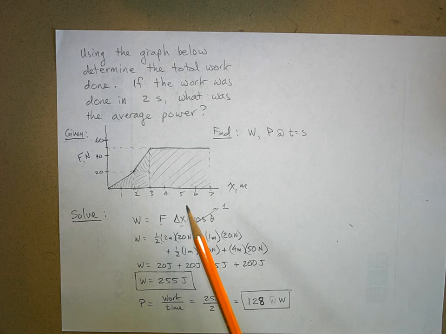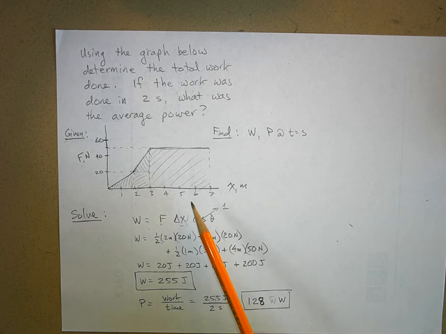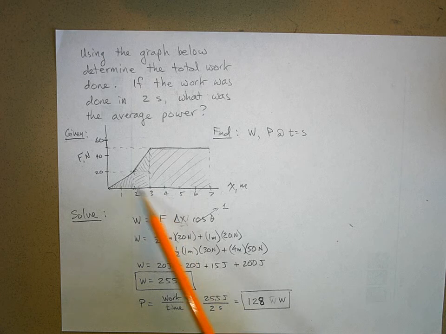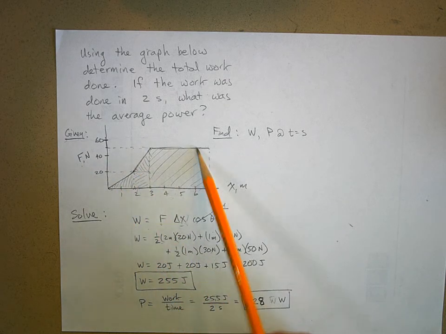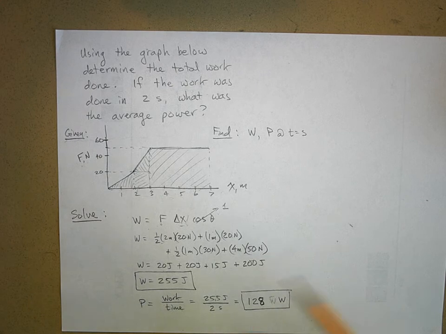And by the way, even if you were in a calculus class and you knew all those fancy calculus techniques, you'd still do it this way because this is some kind of weird piecewise function. And remember that power is work over time. So this is the rate. On average, they were putting out 128 joules of energy per second. Okay, so that's what that means. Any questions?